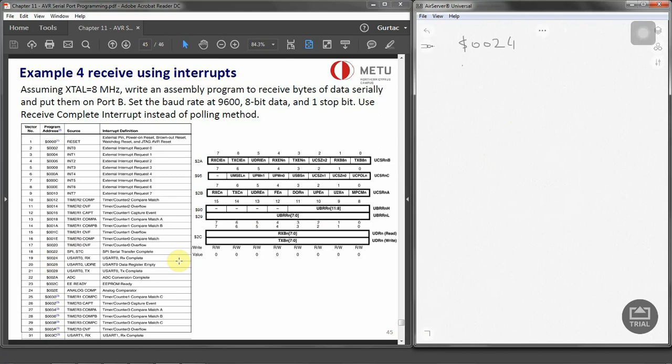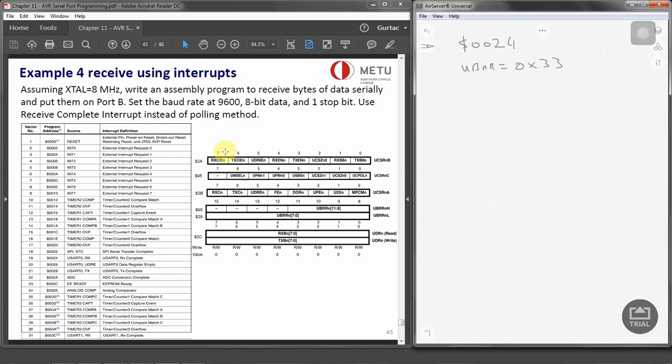Then UBRR, it's still 0x33, and we want to enable the receive, so that's going to be 1 over there, and also we want to enable the interrupt as well. Okay, so we have to set this one to be 1 as well.